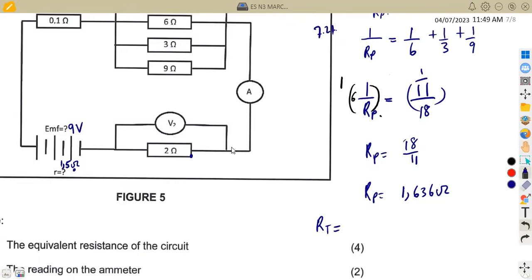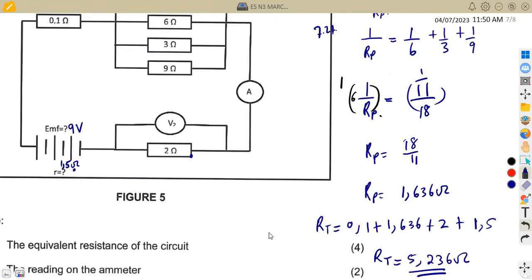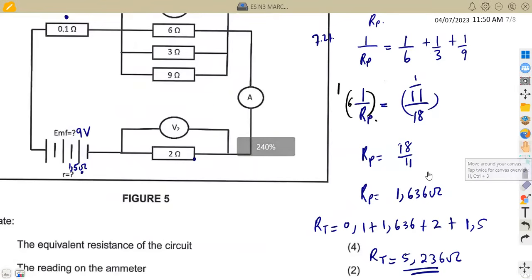So RT is going to be 0.1 at this point, it's in series, plus RP is also in series, 1.636 at this point here, all these in series, plus 2 ohms, it's in series, plus the total of the internal resistance, which is 1.5. So you add everything. This is going to give us RT. All right, so RT, the total resistance, is going to be 5.236 ohms. All right, so that is how you could have calculated the total resistance in this case.